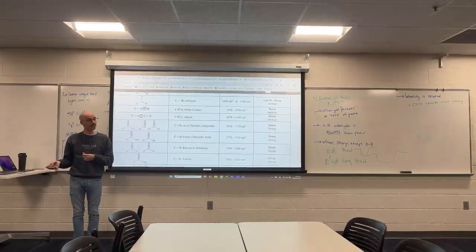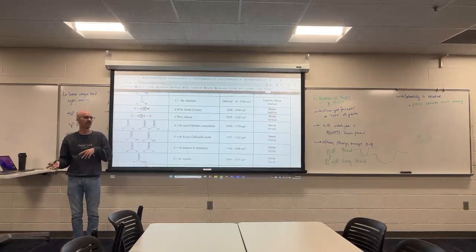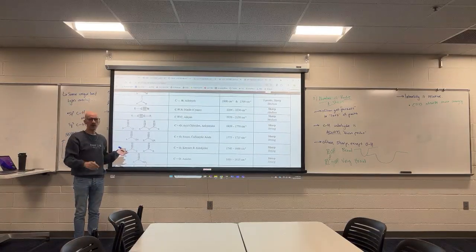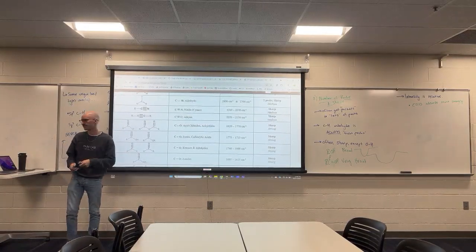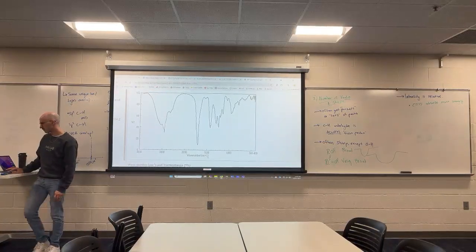So if they're not present, medium absorbers look like strong absorbers, and weak absorbers look medium. But when they are present, then the medium absorbers look weak. So there's this range between how well a bond absorbs light compared to how well the other bonds in the compound absorb light, and what that looks like relative to each other.